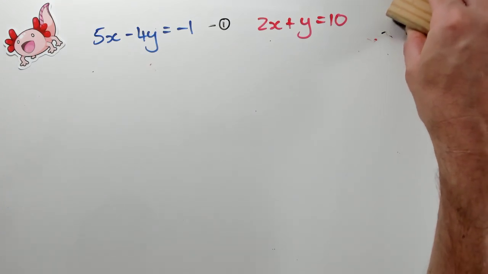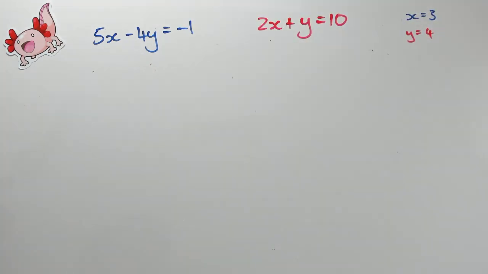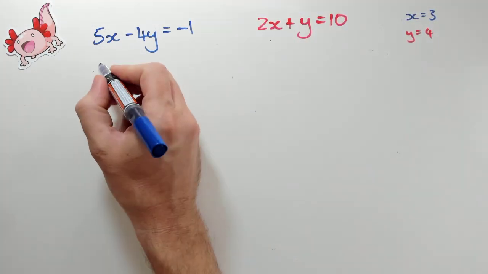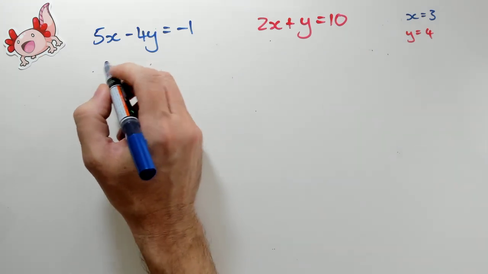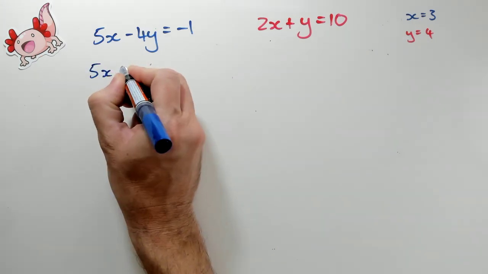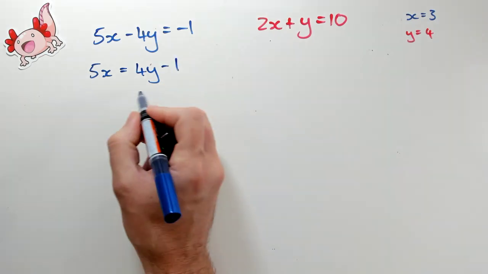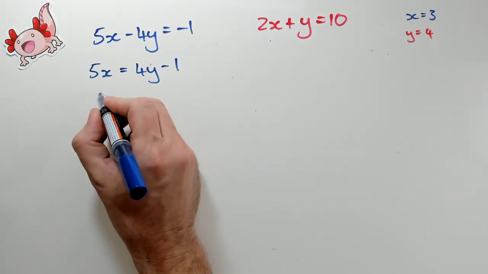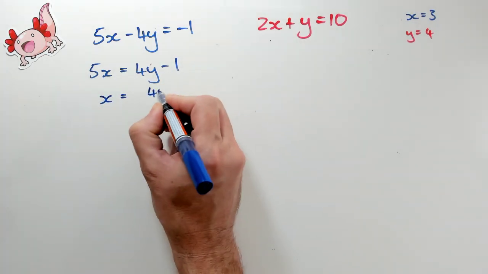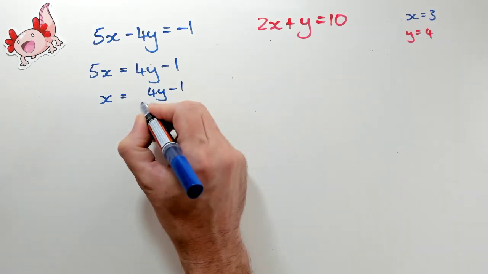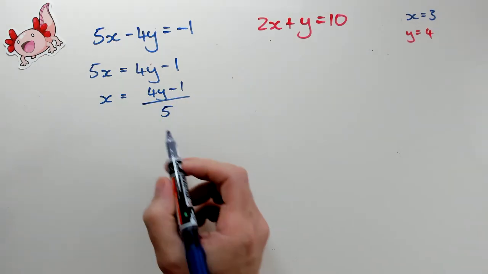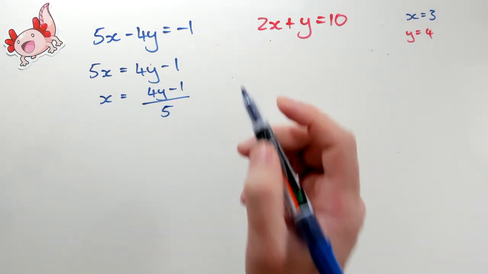Okay, let's see. Let's say I'm brave, trying to go all crazy. I want 5x on this side, and here 4y minus 1. And then I'm dividing by 5 here, so x would be 4y minus 1 all over 5. Okay, so now I know what x is, and I'm going to sub it in there.